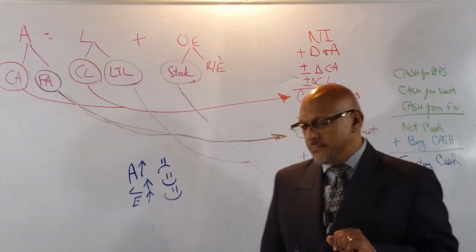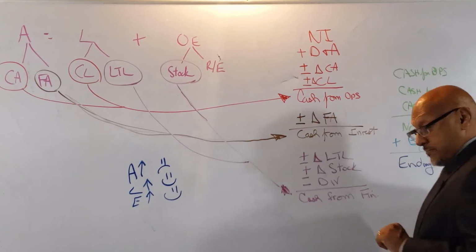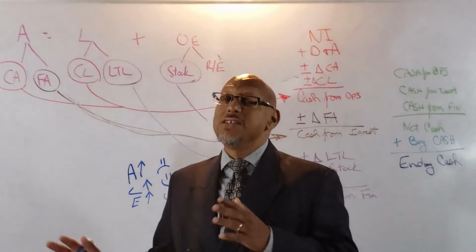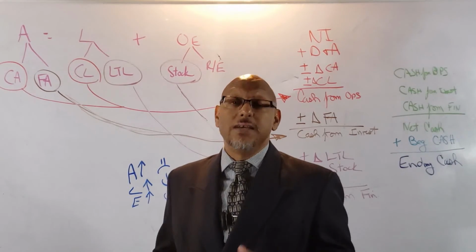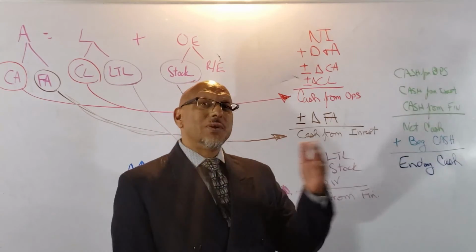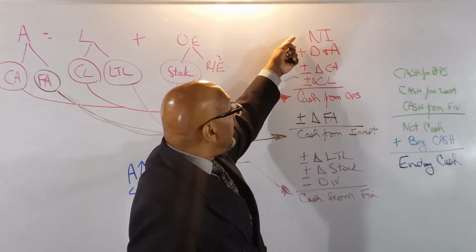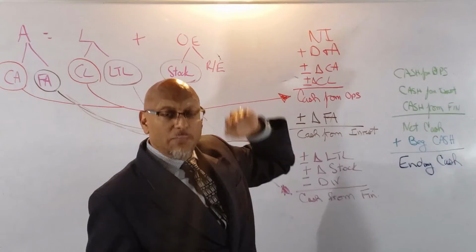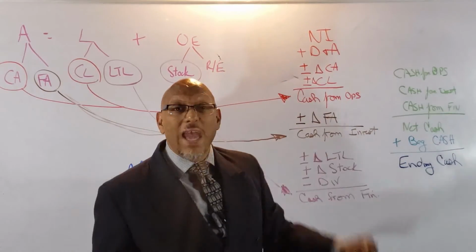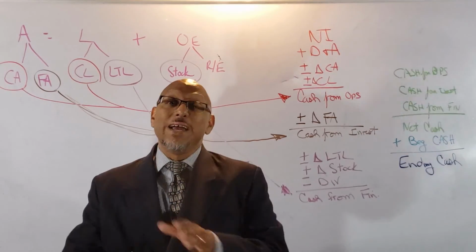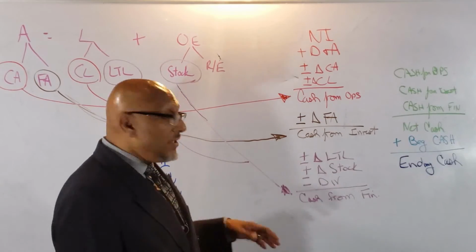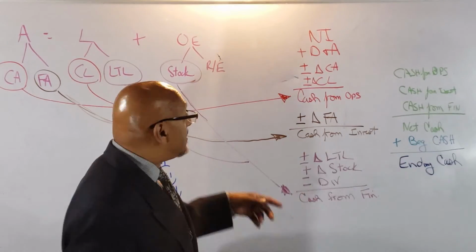Who's on the payee line? Nobody. Nobody gets a check when you do that depreciation expense. It is an accounting function, but there's no cash going out. Since there's no cash on that expense, the net income, which is net of depreciation and amortization expense, we add it back in because there's no cash. That amount wasn't part of cash. We didn't pay anybody. It's just an expense.